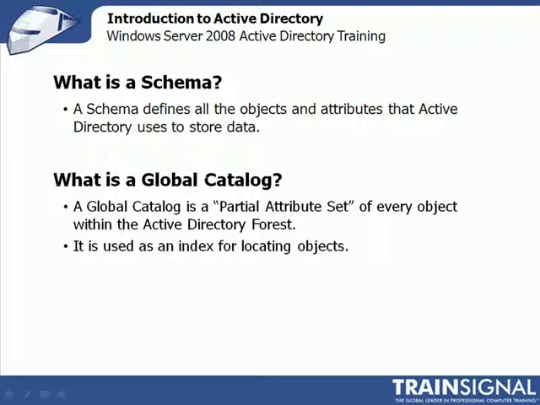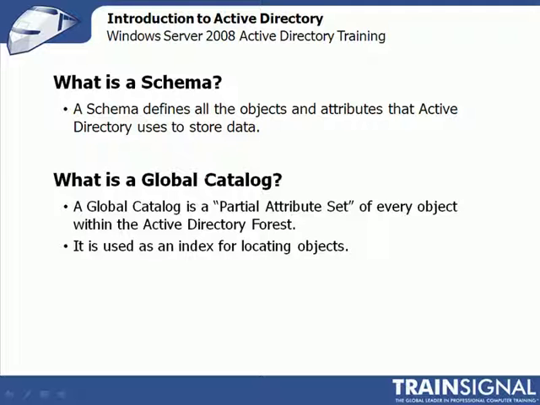Well, I mentioned that the domain partition is only going to be replicated to domain controllers within that domain. What if a user in one domain needs to reference an Active Directory object that's in another domain? The way it finds that object is through the global catalog.